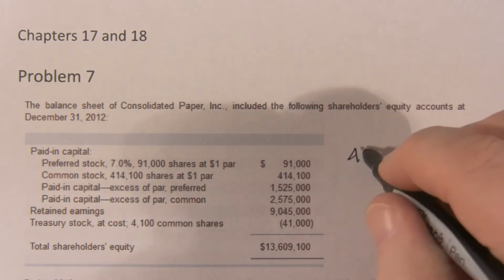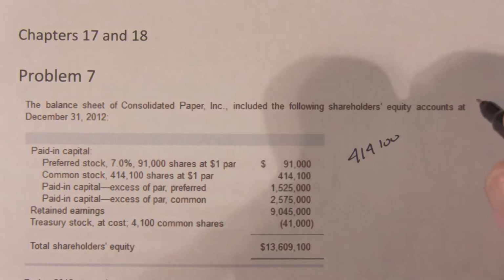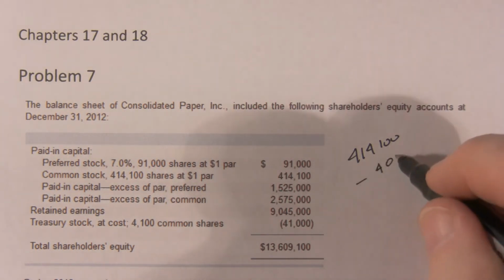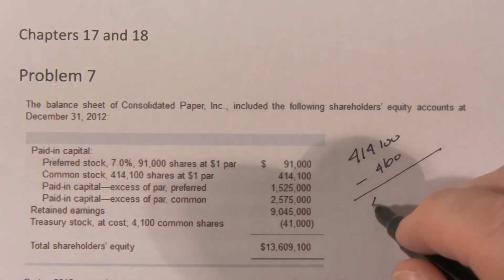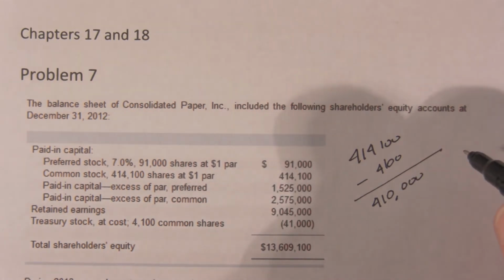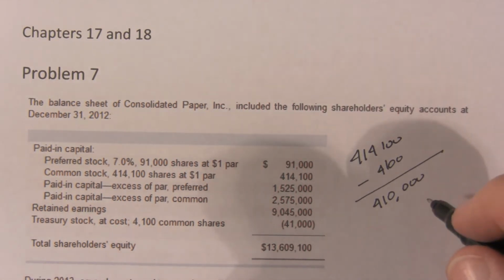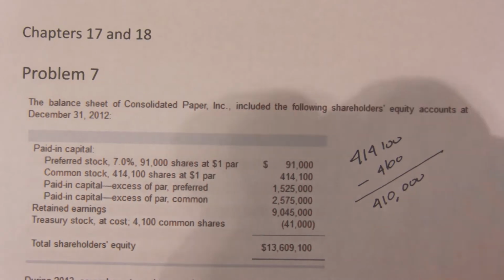So it's 414 that's how many shares were out, but 4,100 of them are in Treasury, so we have 410,000 shares outstanding. So we're going to be distributing 25% of that, and we're going to do it at $1 par.